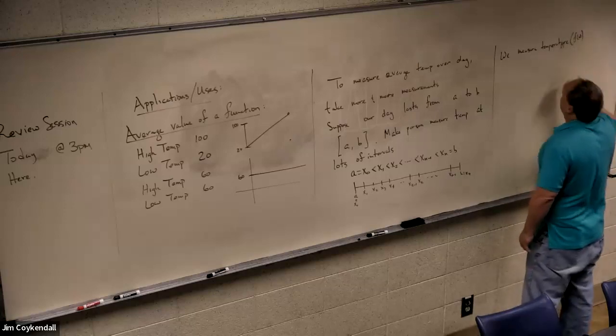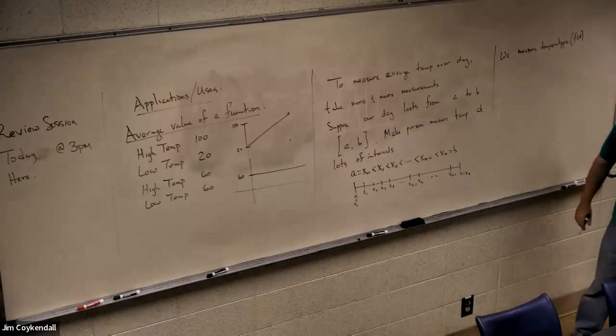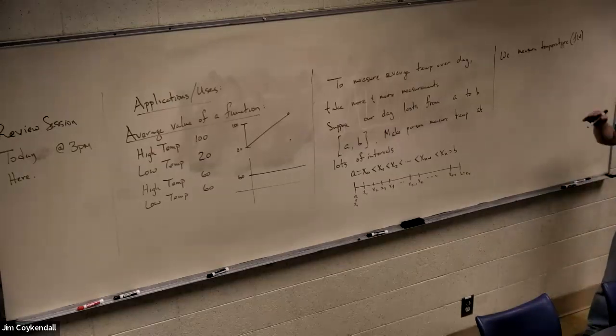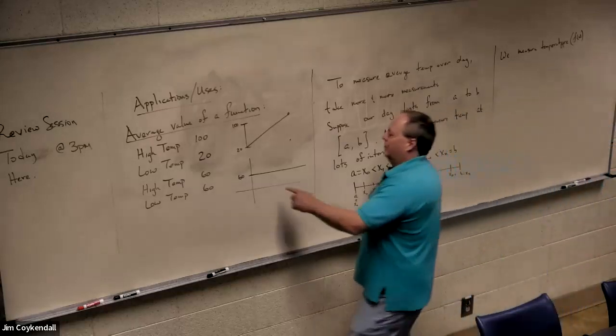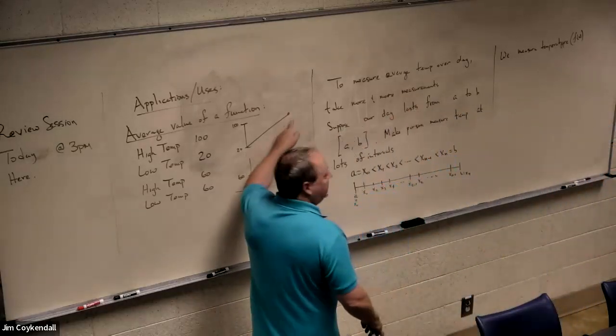We'll say that our temperature is given by the function f of x. Right? There's a function that tells us what temperature is. Here the function's constant, here the function's linear.